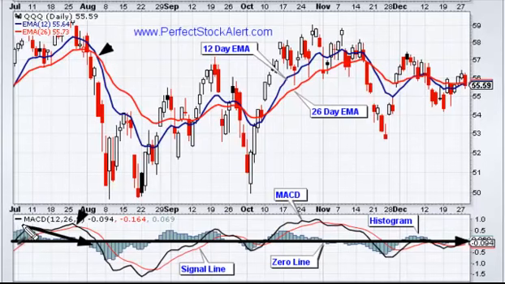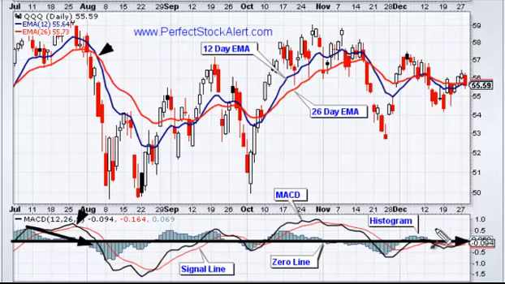Typically, you'll see the histogram begin to warn of a breakdown before you actually get it in price activity. So you're being really early if you're just looking at the histogram. We'll get into that in the next video, but now you understand the full information that's being portrayed to you on the situation that you have of the MACD.